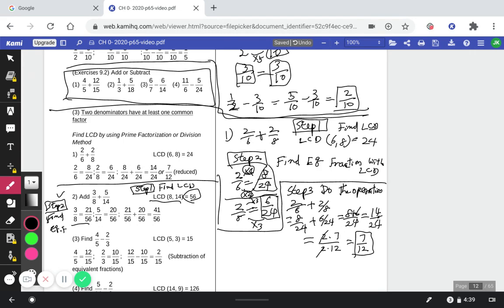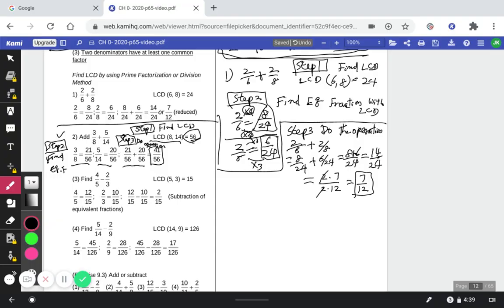So 3/8 is the same as 21 over 56. 5/14 is the same as 20 over 56, because the LCD is 56 that we need to make as a denominator. And then step 3, do the operation. So when you do the operation, 21/56 with 20/56 would be 41/56.